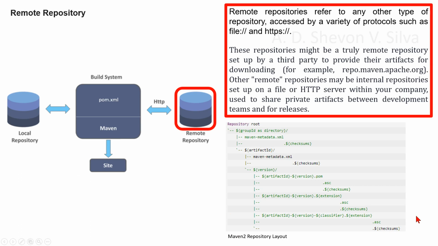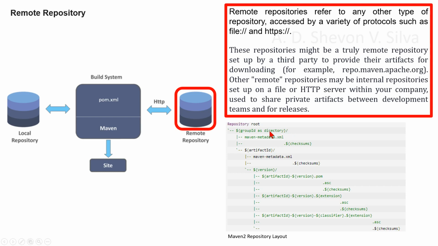Maven 2 repository layout format is the default layout since Maven 2, superseding the old Maven 1 layout, where the group ID as directory is the group ID with dots replaced by slashes.